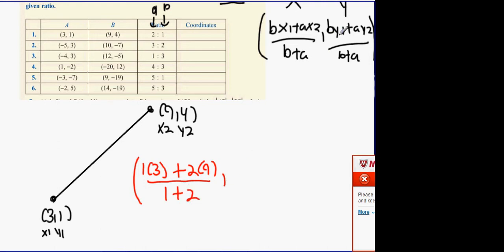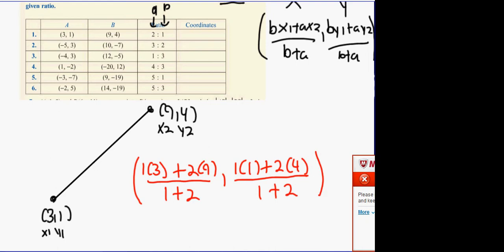The next one is by1, which is going to be 1 times y1, which is 1 times 1. Plus a times 2, which is going to be 2 times 4 all over 1 plus 2.